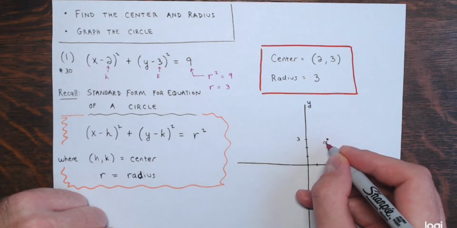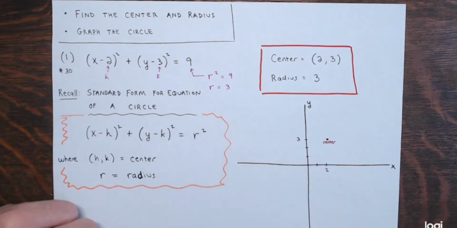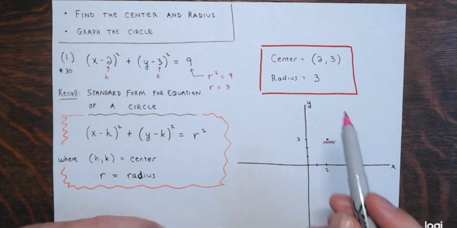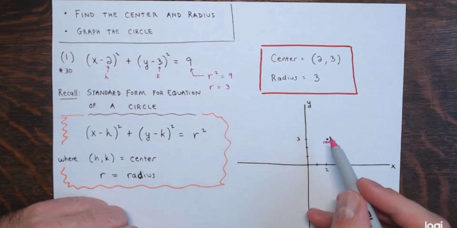There's the center of the circle. It's not actually on the circle. I hope you understand that. But it's a guide to help us find the actual points on the circle. So the actual points are all 3 units away from this point.